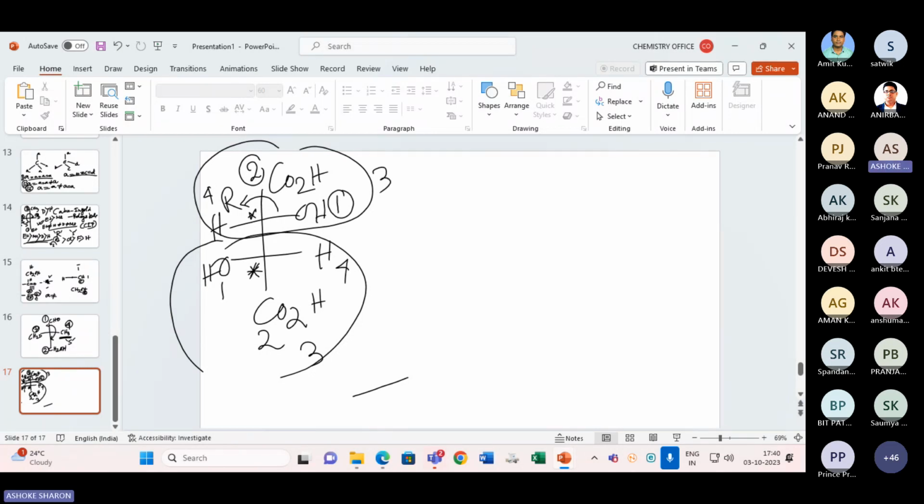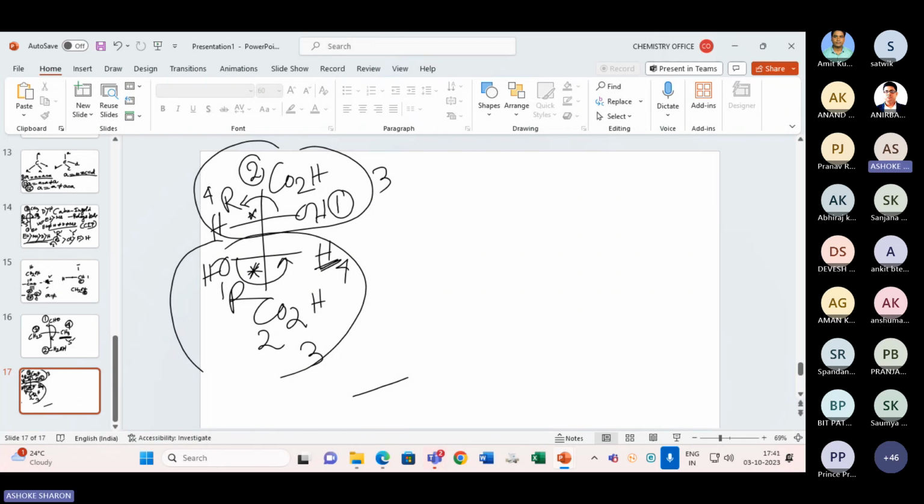With respect to this particular center, it is rotated this way, that means again anti-clockwise, so S, but this hydrogen is again in the horizontal line. So instead of S, it will again be R.